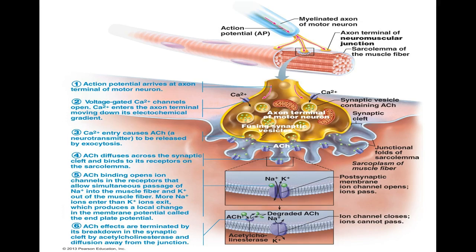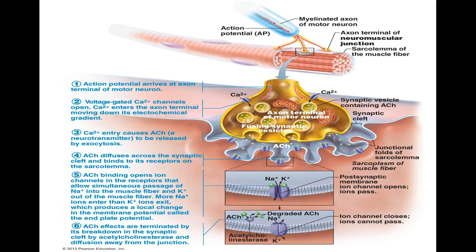There isn't any place where they have fused contact. But what needs to happen is there has to be something that can bridge the gap, can have the nervous system talk to the muscle system. And those are called neurotransmitters.